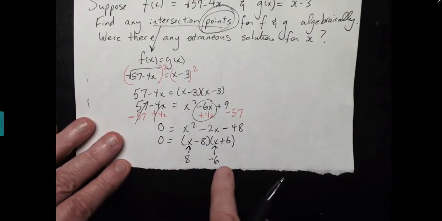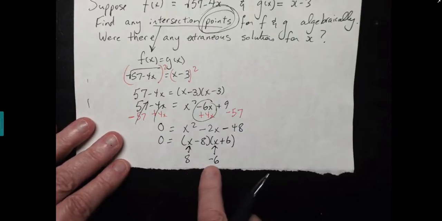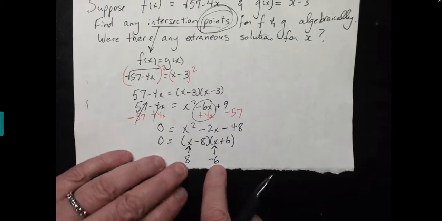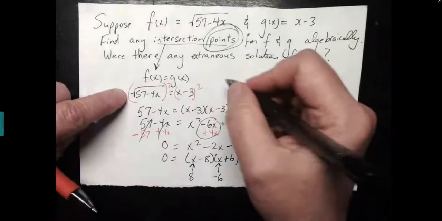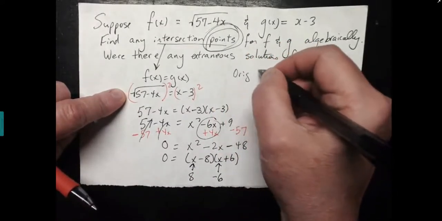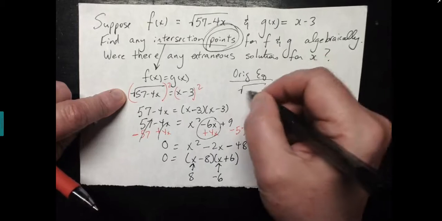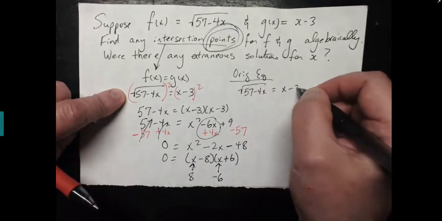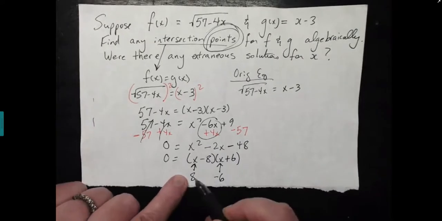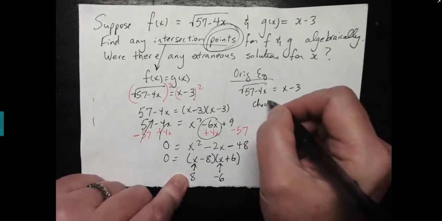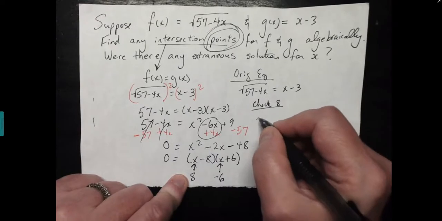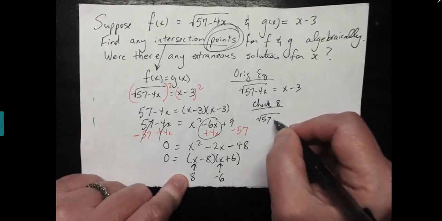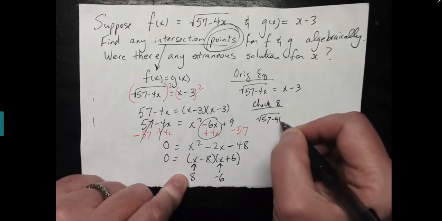Now, before I do anything else, I need to check and see if they match the original equation. So what's the original equation here? The original equation was the formula for f of x is equal to the formula for g of x. Does 8 work? Let's check 8. So I'll have 57 minus 4 times 8.